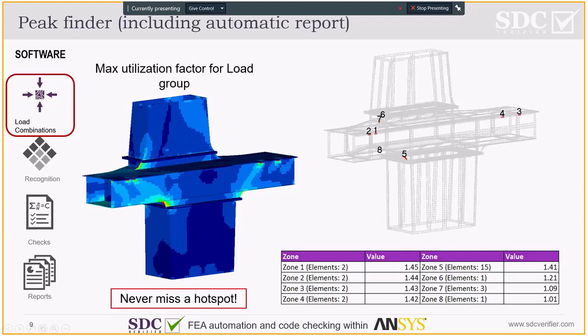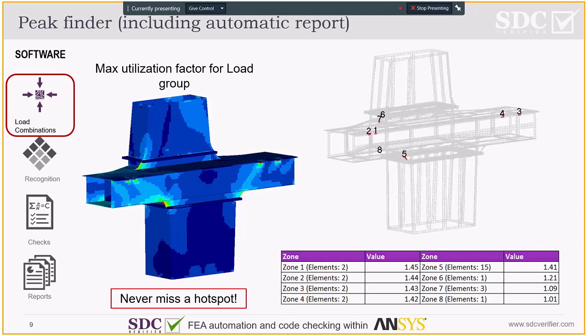Sometimes you have extremely big models which can contain millions of finite elements, and you can easily miss the peak or miss the highest results. So we have the peak finder tool, which helps to recognize the worst results over a selection.